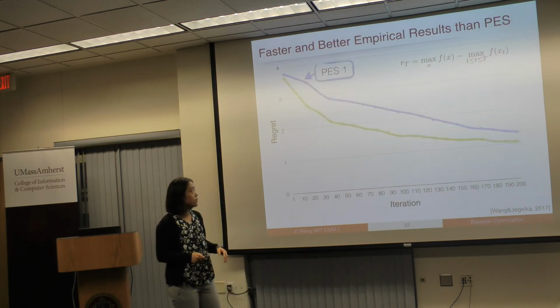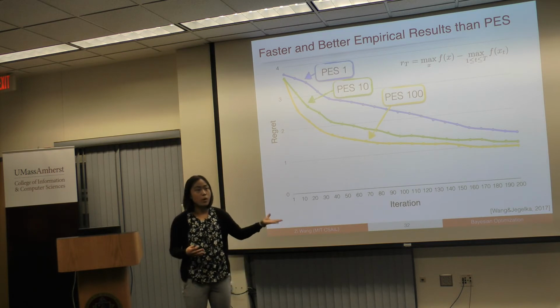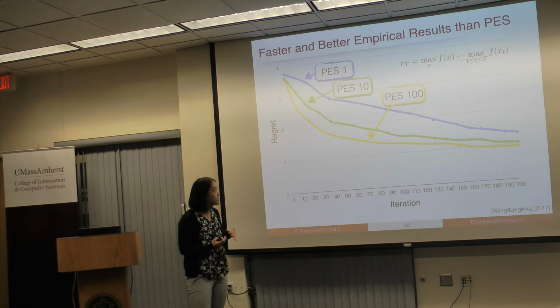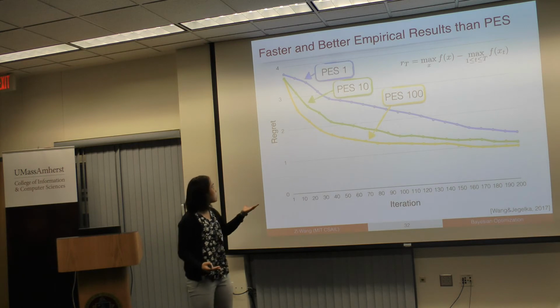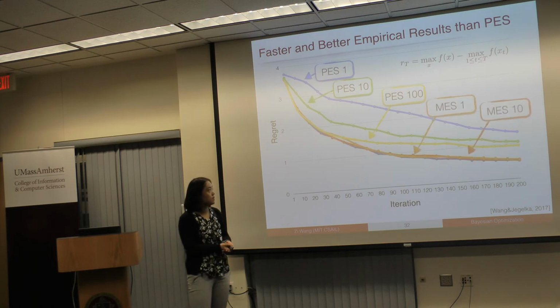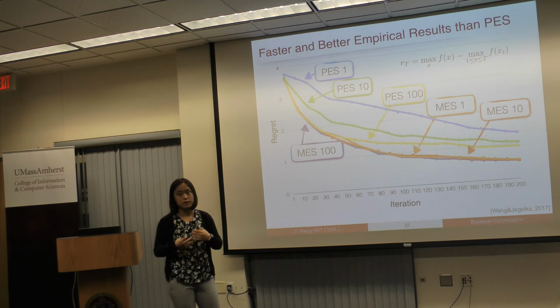So for PES, we look at the case where it samples 1 x star, 10 x stars, and 100 x stars. And then what we can see is that as the number of samples for their x stars grow, the performance of PES is also getting better. And then we look at the approach that we have, the MES approach, and it samples different numbers of the y stars.